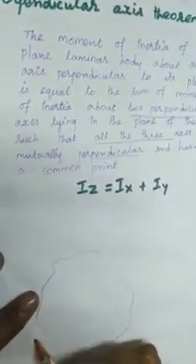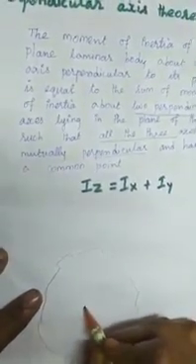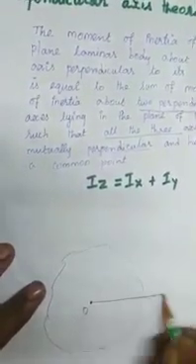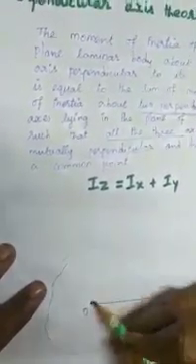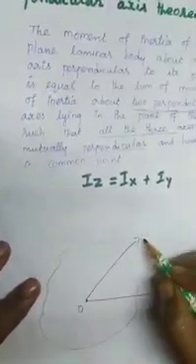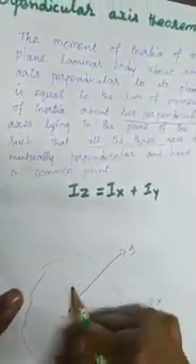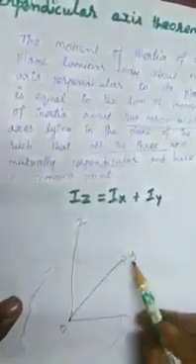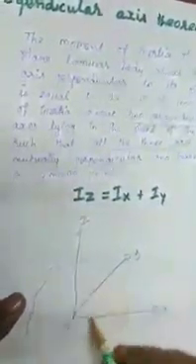Now we consider a laminar object. This is the common point, center point O. Now we choose three axes: X axis, Y axis and Z axis. Here the Y and X axes lie in the plane and the Z axis is perpendicular to this plane.